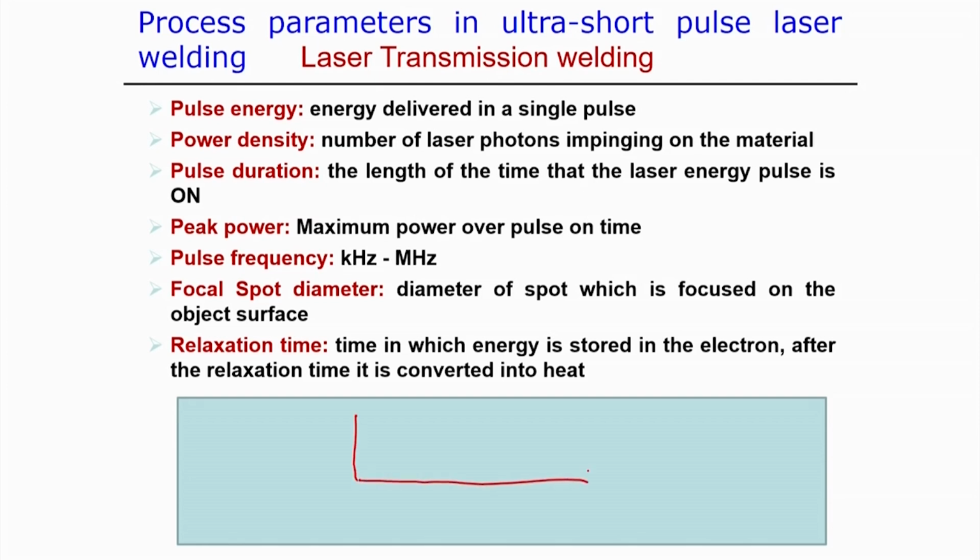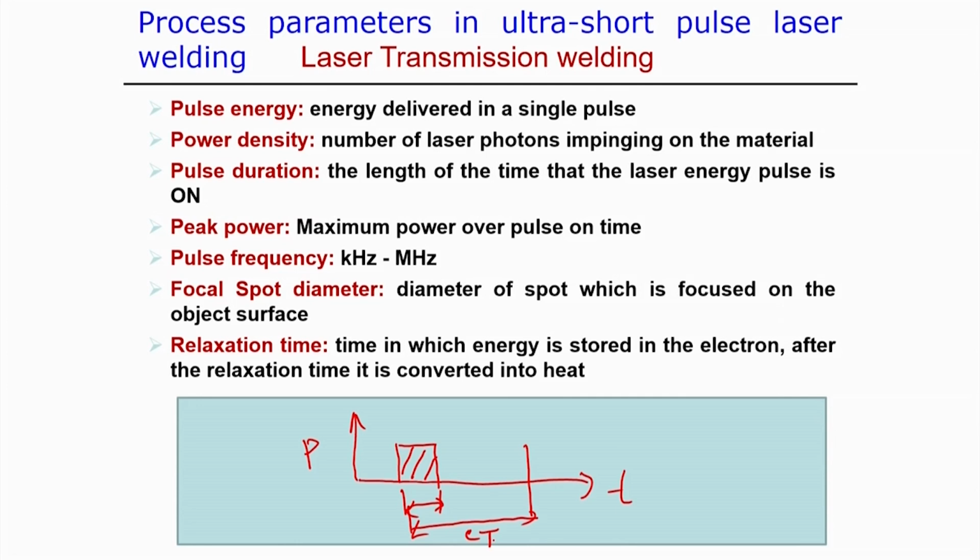We will try to explain a typical shape of the pulse. This is the pulse shape over time, and this is the power. This area represents the pulse energy, this time span represents the pulse on time, and this total time represents the cycle time.